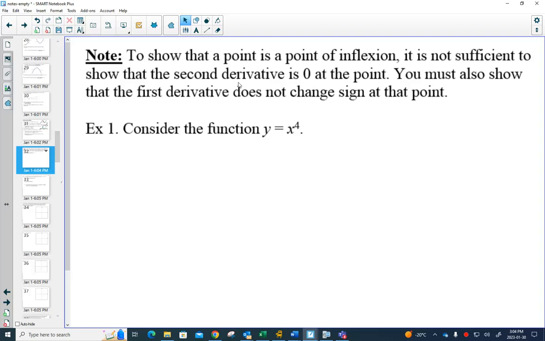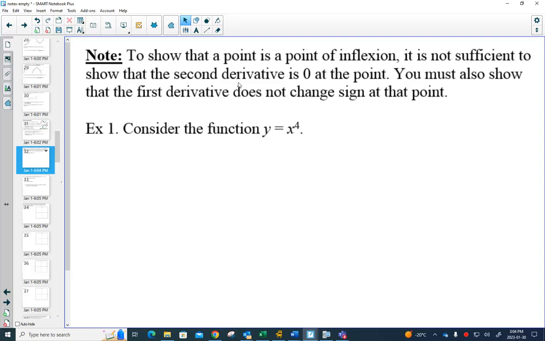Again, sort of the rule of thumb, if you want to show something in calculus, you need to show two things. If I want to show something's a point of inflection, the number one thing will be that the second derivative equals 0, but that is not enough to make something an inflection point.